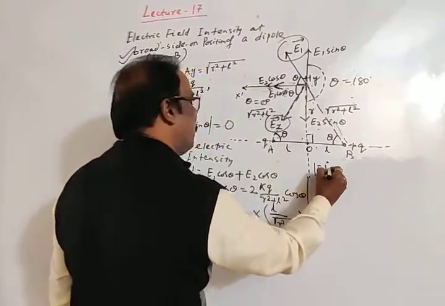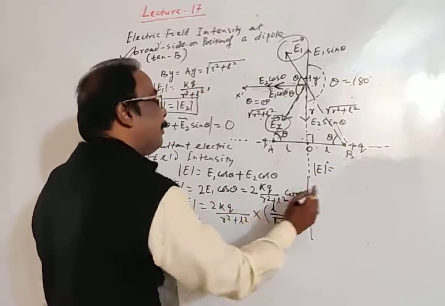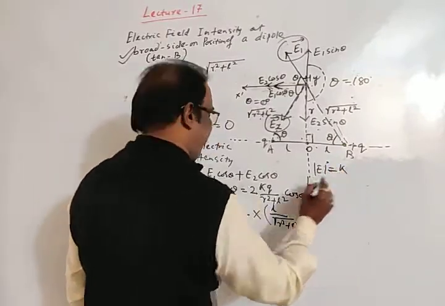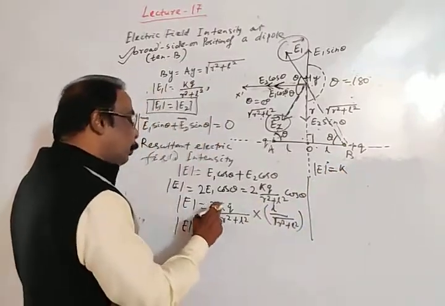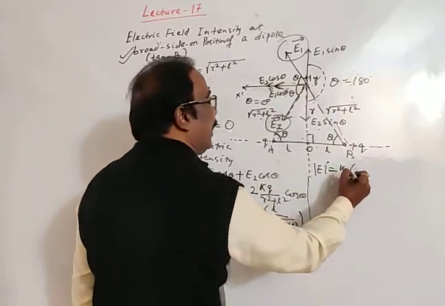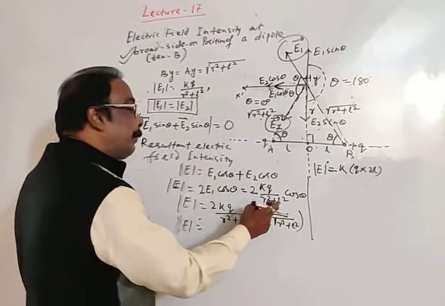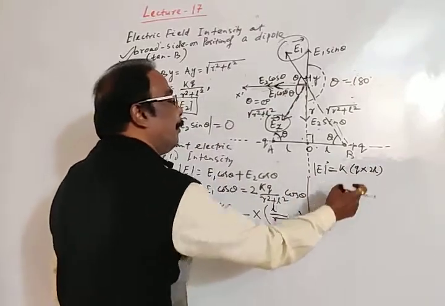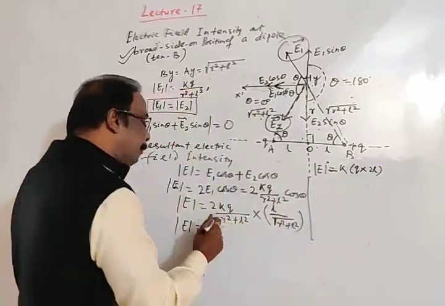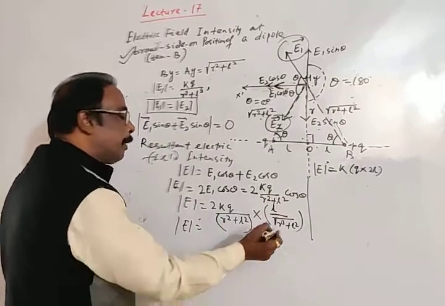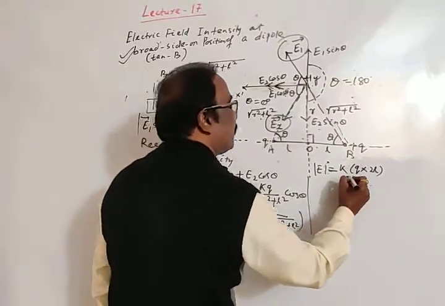Then the magnitude of the resultant field intensity is 2KQ into L. I may write it Q into 2L, into K, divided by R square plus L square, square root of R square plus L square.